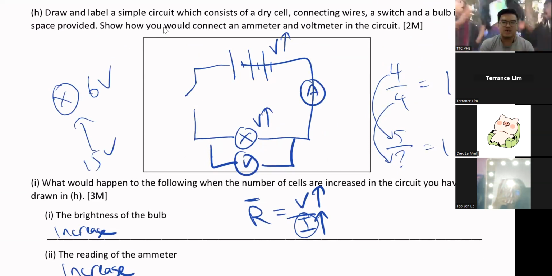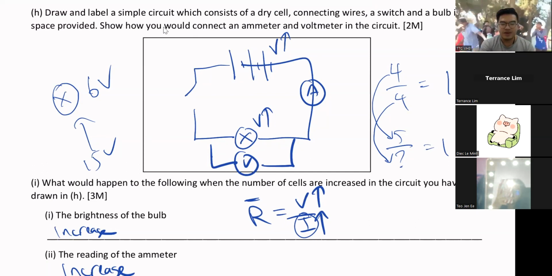The bulb is using 6 volt, you are giving it 15. Is it going to be brighter? Yeah, it's going to be brighter, but it will burst soon. Too much voltage means the bulb will just overflow. The electricity overflows, then the thing will break.